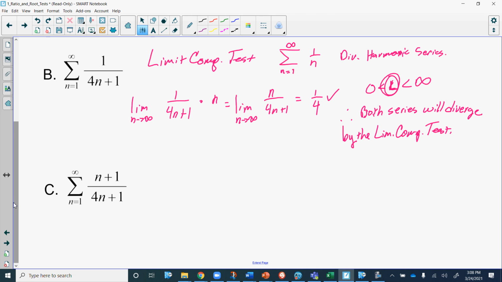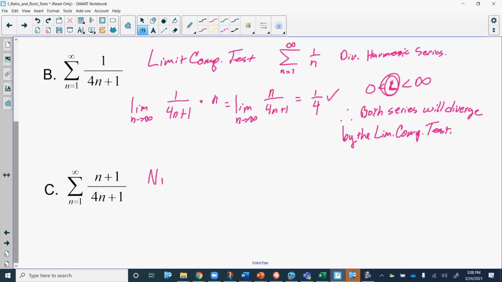Now here is another one where, again, in my mind, when I see it, I can take the limit of that one really easy. In fact, that's basically what we just did on the last example. And I can show that the limit on that one is going to be 1/4. Well, the nth term test basically says if I get a limit of anything besides 0, we can justify that it's going to diverge. So that's what I'm going to look at here.